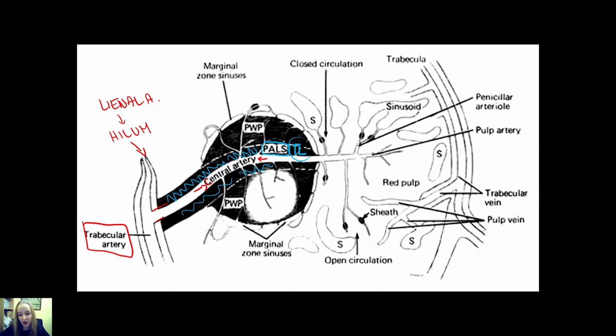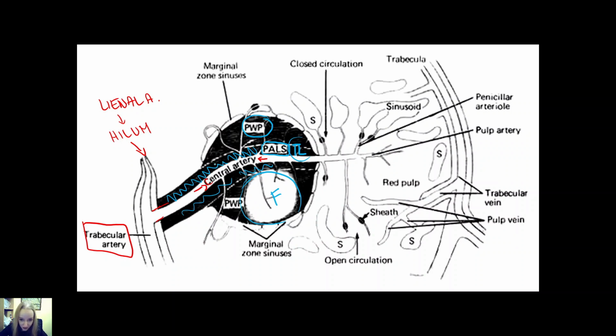Then we have another component of white pulp, and that is a peripheral white pulp, that contains mostly B lymphocytes, and sometimes we can also see follicles there, normal follicles. And you now know that follicles are made of B lymphocytes, so that's pretty normal.